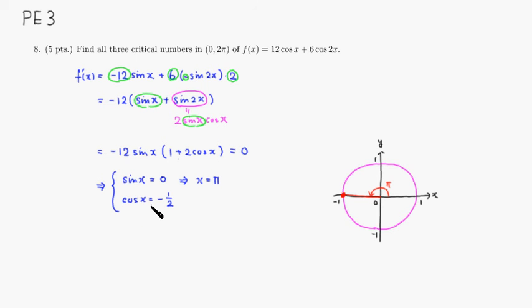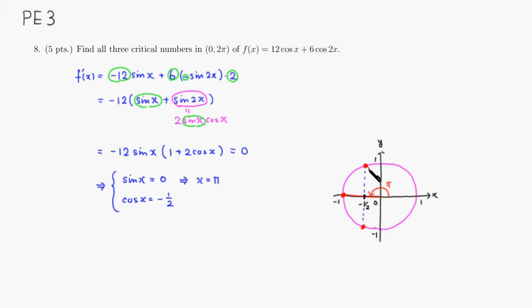And the other possibility is cosine is negative 1/2. Cosine corresponds to the x coordinate, so we want the x coordinate to be negative 1/2. So we look for the points whose x coordinate is negative 1/2. You can see that we can think of 2 points, here and there.